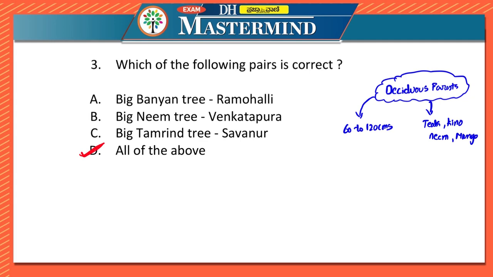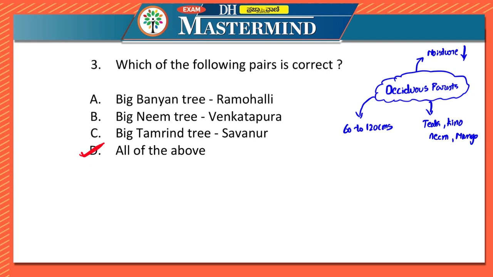The characteristic feature of deciduous forest is that the moisture content in this region is less. Because the moisture content is less in this particular soil, the trees shed their leaves and they reappear during the spring season again.